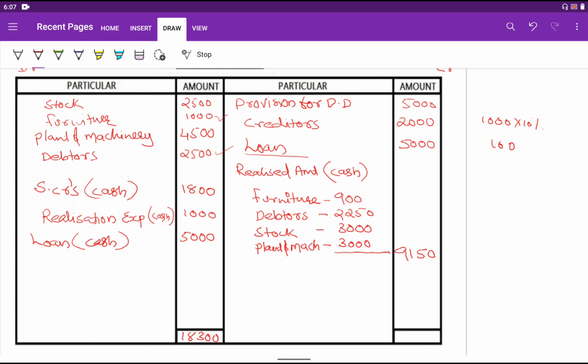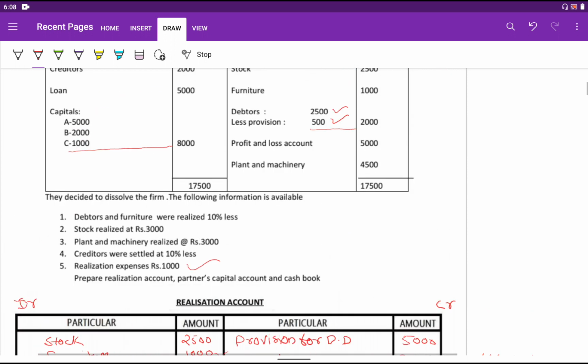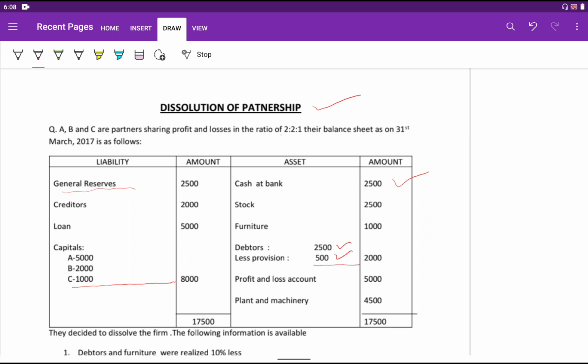While deducting, we get a loss balance to be carried for A, B and C. Total balance we got is 1,615, after adding all the credit side minus debit side, and that should be distributed in the ratio of 2:1.